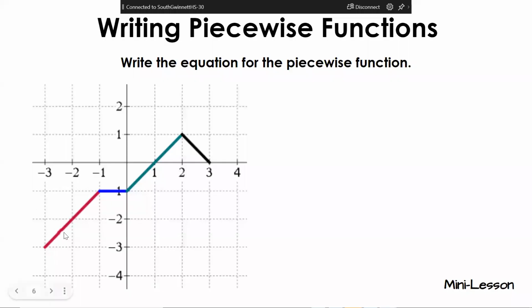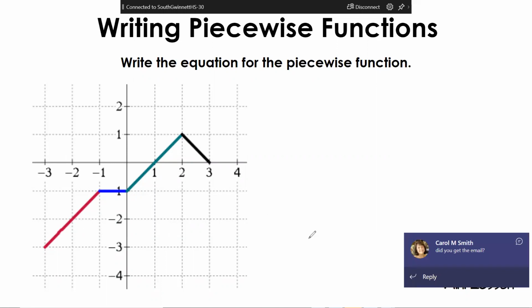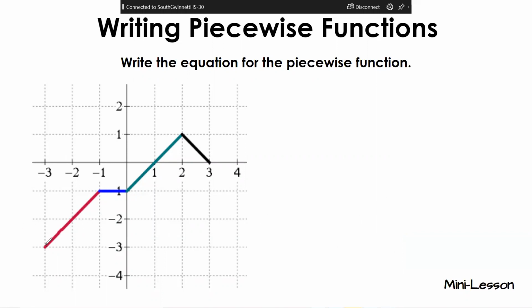So let's talk through this one. Let's talk through the red line first. Unfortunately, these don't have such a clear thing for the black, like the closed dot versus open dot. So you kind of go with whatever the color is overlying. Okay, so we're going to talk about the red one first. We're going to say f of x equals, squirrely little bracket.